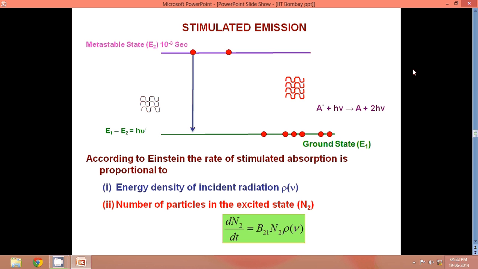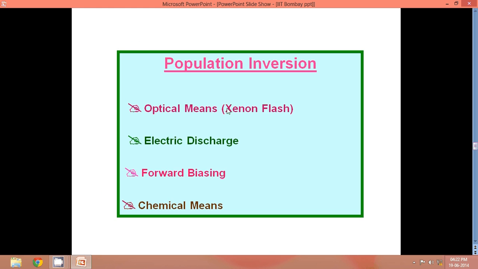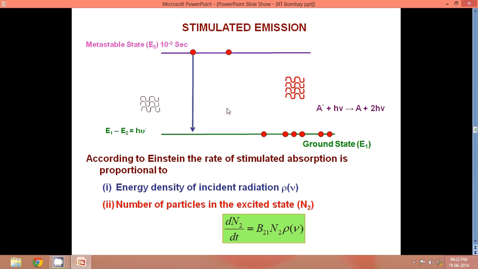Therefore, the excited atoms will now give out light rays which are coherent in nature. That is, if one atom undergoes spontaneous emission and gives out a photon h mu, and this photon, while moving in the atomic system, initiates another atom to release one more photon, thereby we have two photons of the same frequency and same phase. Thereby there is coherence.